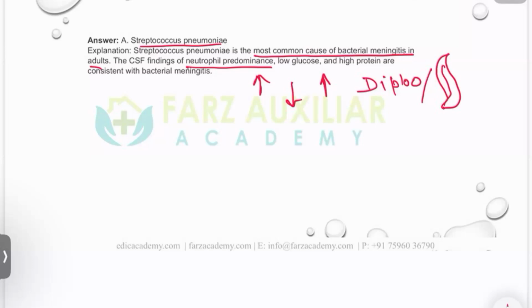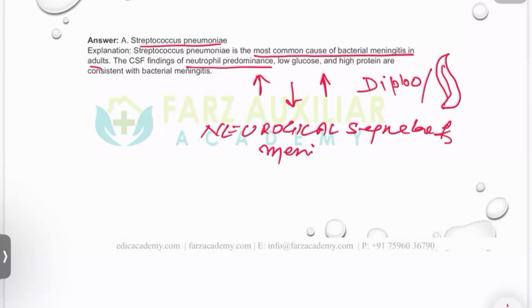That inflammation is usually because of the bacterial activity. So you said a very nice word, neurological sequelae of meningitis. So this is the brain.